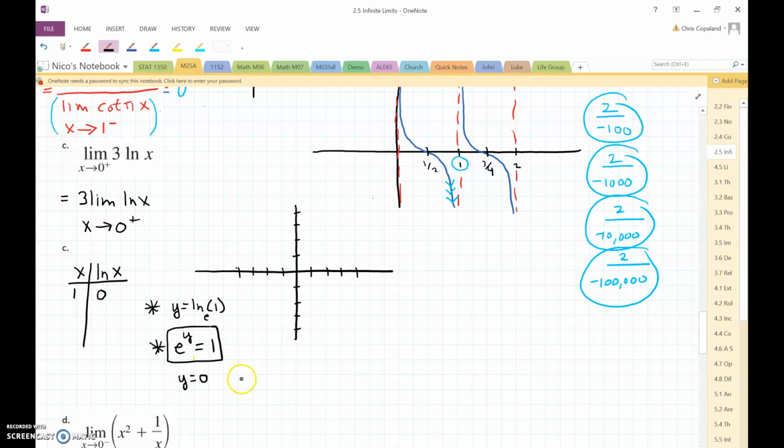Next, I would want to try y equals the natural log of e. So again, the base would be e. So I'm going to put this in exponential form. I'm going to write base e to the y power equals e to the first power, which means y would have to be equal to 1. So when I plug in e, I get 1. So I've got a point at 1, 0. I also have a point at e, which is about 2.7181.